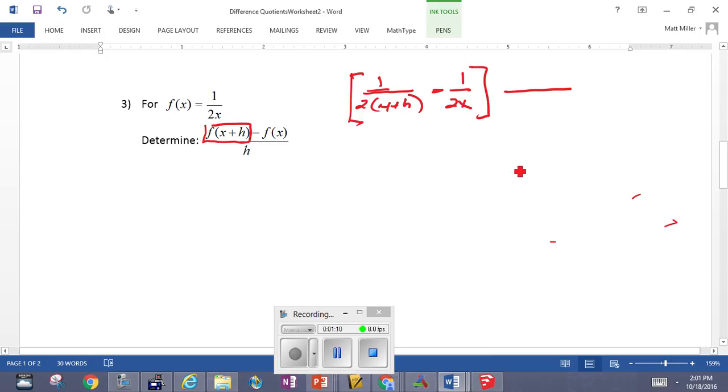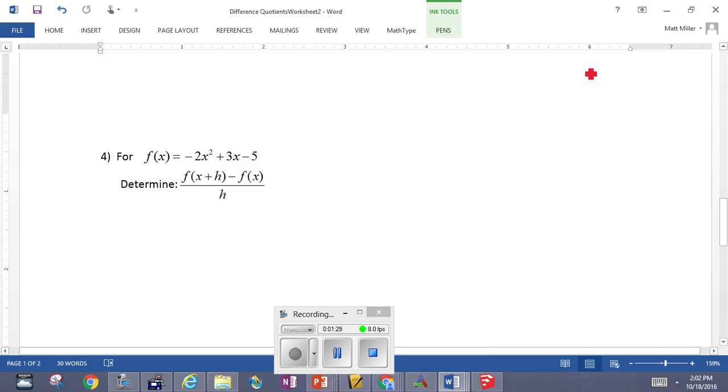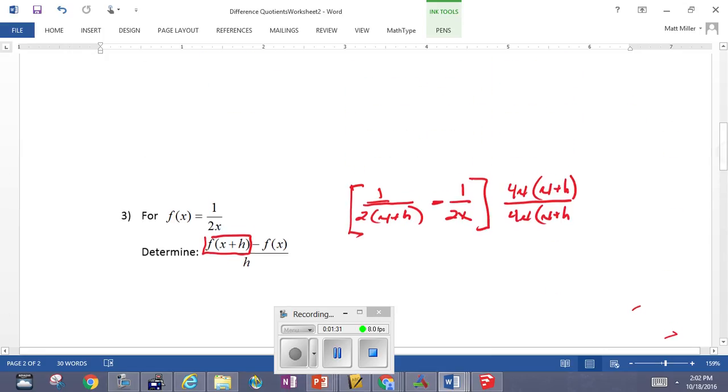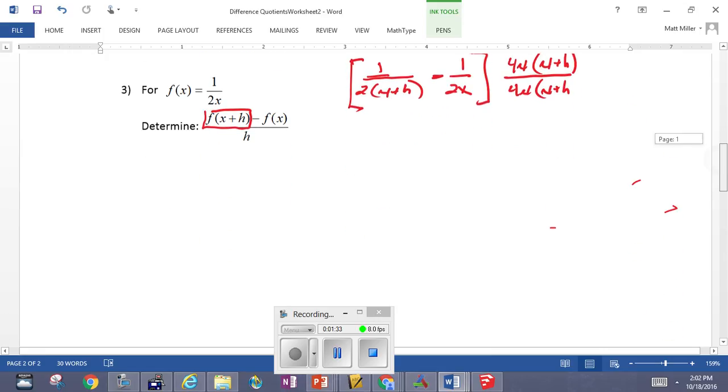The common denominator, in this case, is just the one denominator times the other. So when I multiply those, I get 4x times x plus h over itself, 4x times x plus h. That's multiplying by 1, which effectively is doing nothing, because multiplying by 1 is multiplying by the identity.